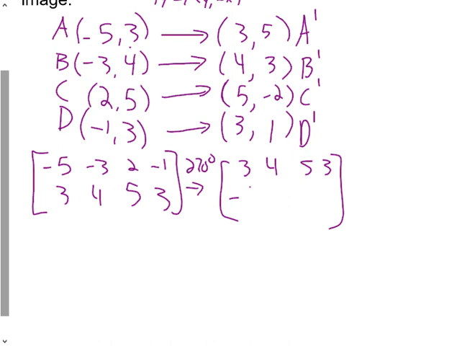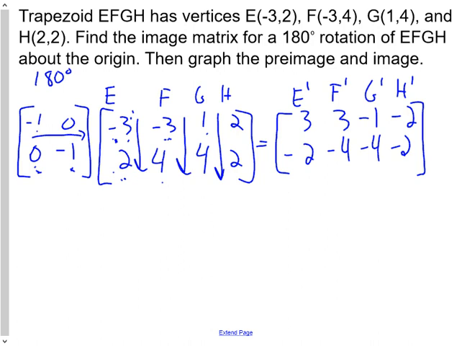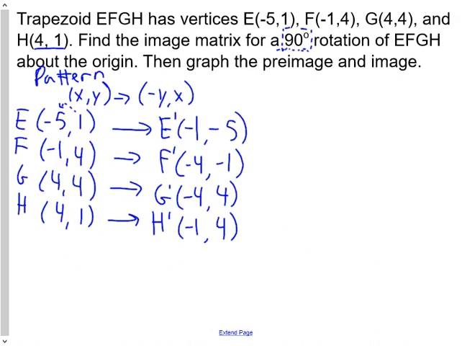And then my negative 5, negative 3 turn into positive 5, negative 3 turn to positive 3, positive 2 turn to negative 2, and negative 1 turn to positive 1, right? Knowing the pattern, that's another way you can just kind of portray the value of the image. So with that in mind, we'll graph the last one, and then we'll get into some trickier math.